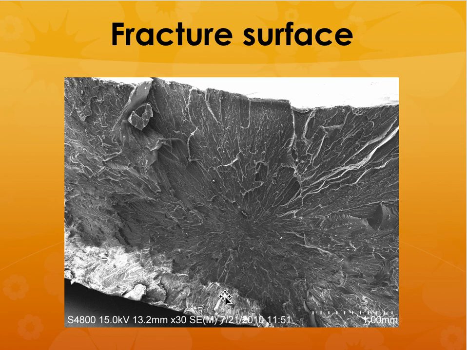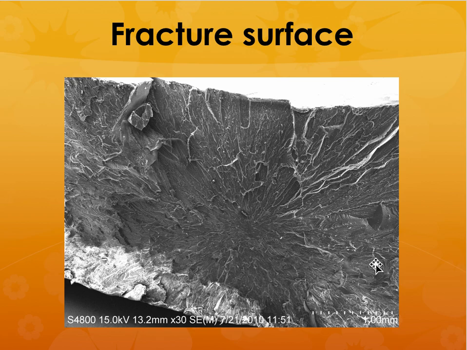If you have a brittle material, for example a very brittle plastic, or this could be a ceramic, what are you going to see here? What would you call this kind of failure structure?